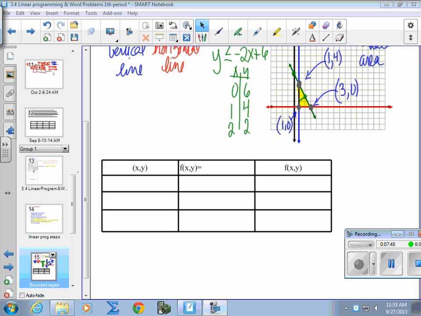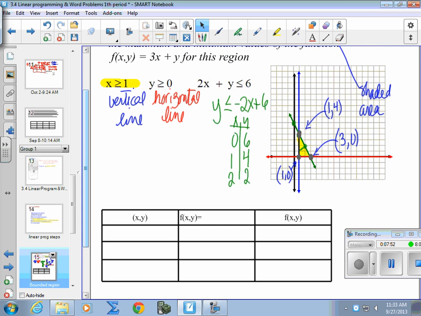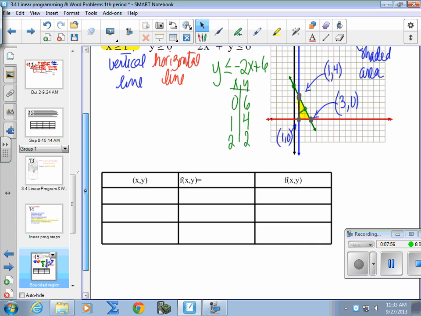So what we're going to do is take the points that we found for our vertices, and put them here for x and y. So the first point we have listed is 1 and 0. The second point is 3 and 0. And the last point is 1 and 4. It does not matter which order you put them in.